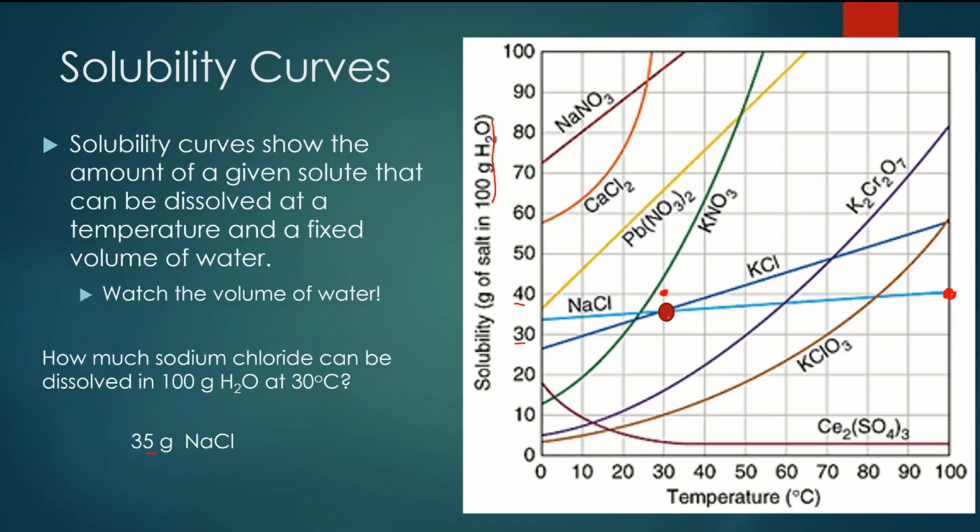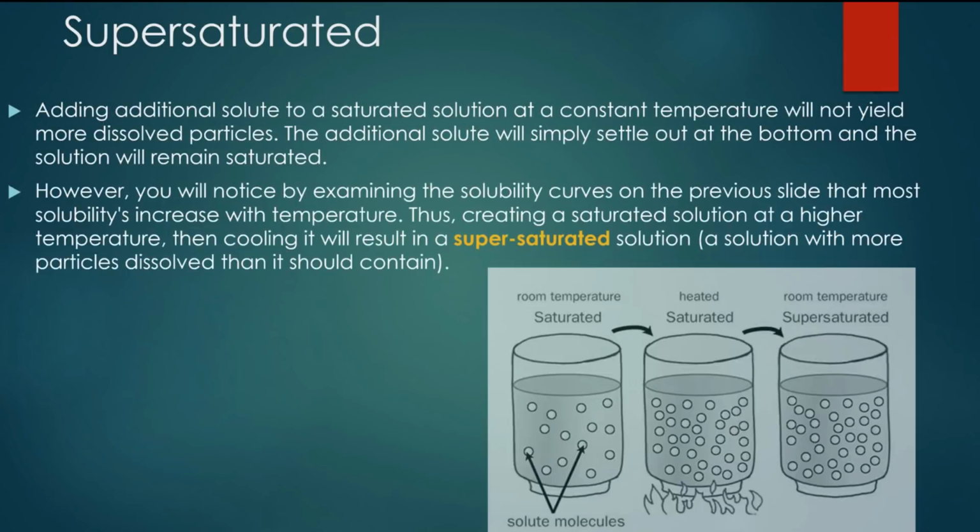So if I dissolve my 35 grams of salt, but then leave my solution out in the sun and let, say, 50 grams, half of my water, evaporate, oh, well, now I'm going to have 35 grams of salt in 30-degree water, but only 50 grams of water. I'd have twice as much salt dissolved as what I should be able to dissolve. That would be a supersaturated solution.